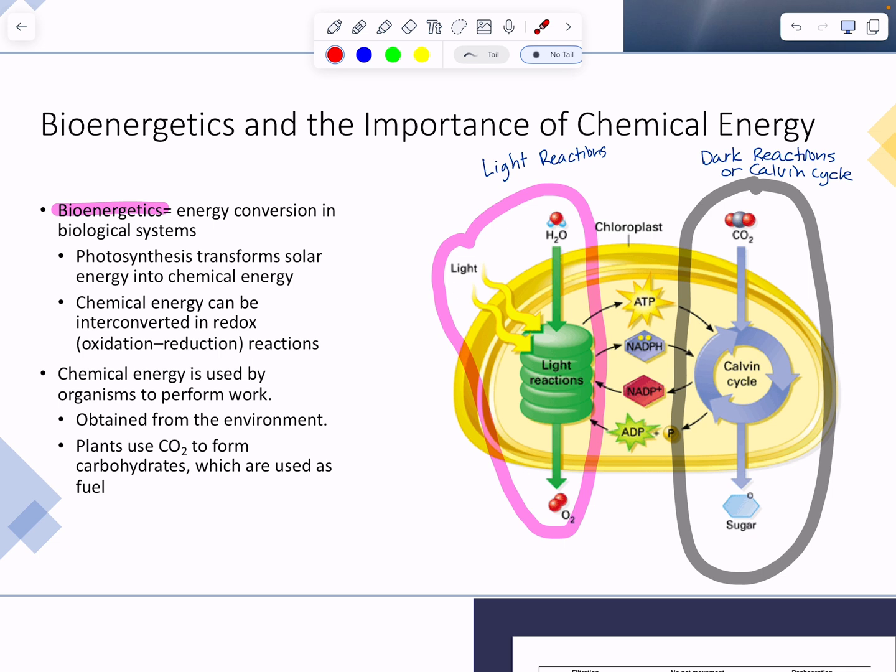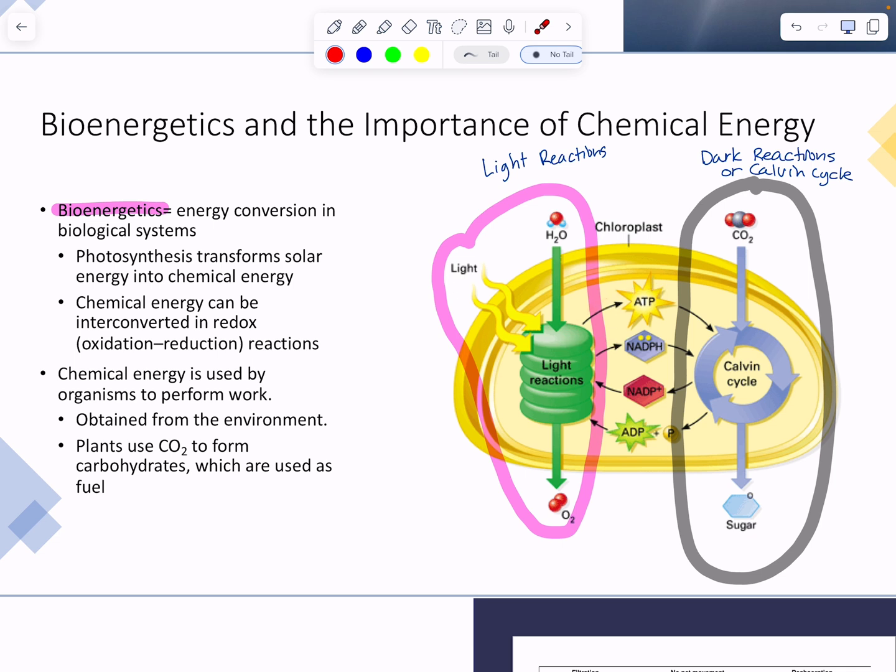So what happens is the ATP and the NADPH go into this second series of reactions called the Calvin cycle. So the light reactions require light and water, and they produce oxygen. This is how plants wind up giving us a net of oxygen, and ATP and NADPH.